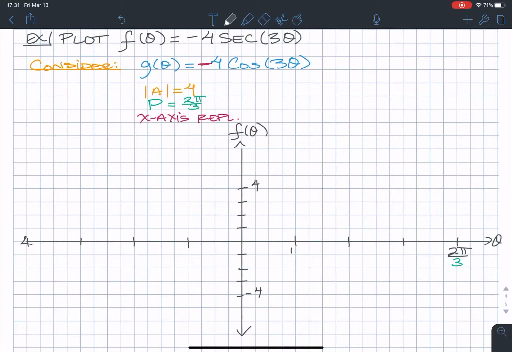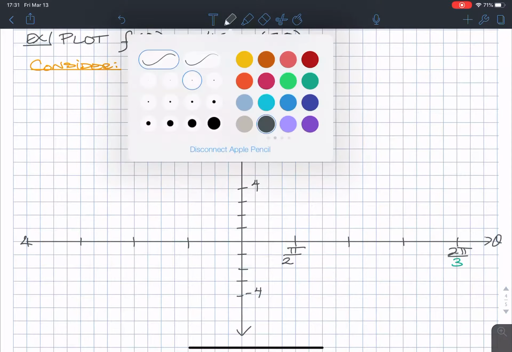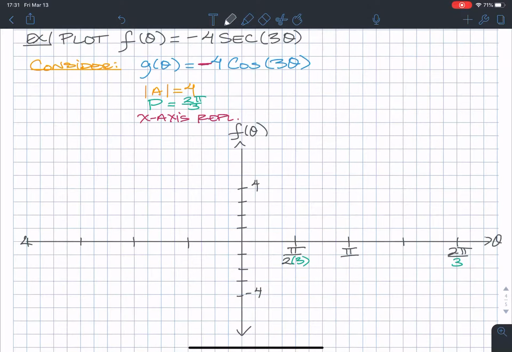So I know I have 2 pi divided by the coefficient 3 inside the argument there. I have my pi over 2 divided by 3. I have pi divided by 3. I have 3 pi over 2 divided by 3.